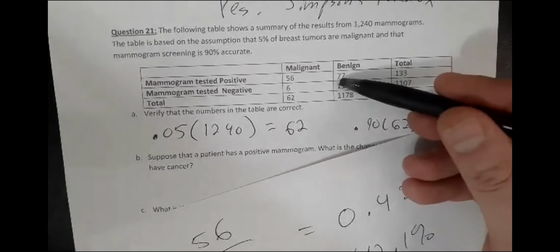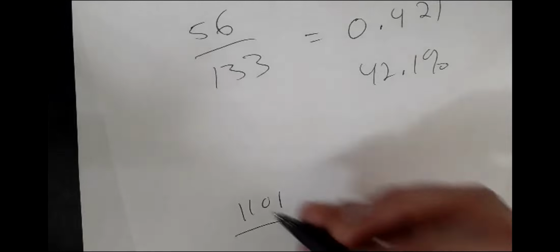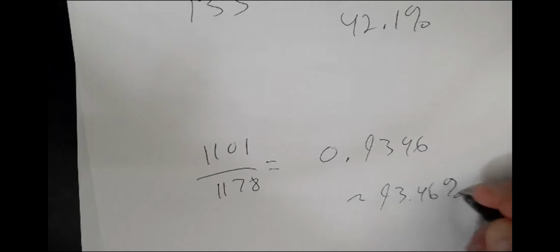The negative mammogram is the 1101. There are 1101 people that have a negative mammogram out of a total of the 1178 benign. So 1101 out of the 1178, that should be most of them. I'm getting 0.9346, or about 93.46%.